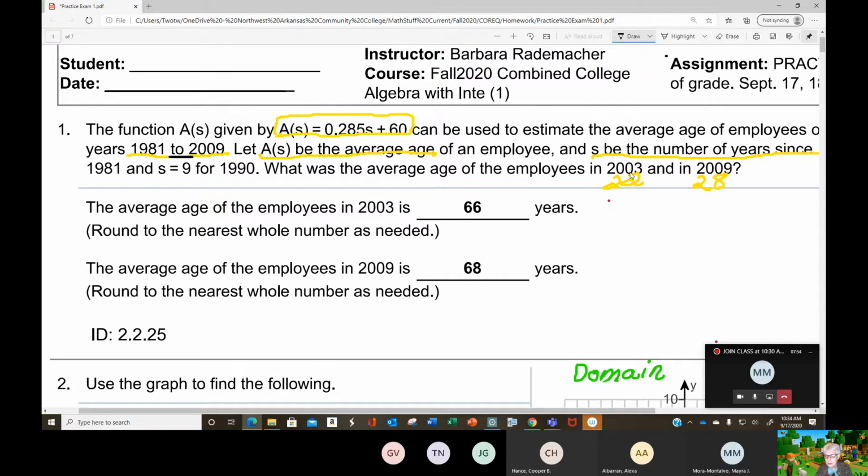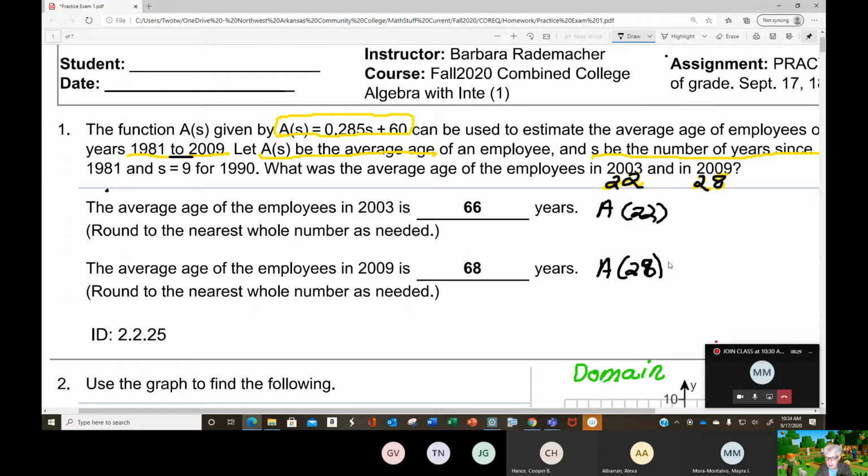If 2003 is year 22, because it's 22 years after 1981, and 2009 is 28 years after 1981, then what you do is you find A of 22 and A of 28.